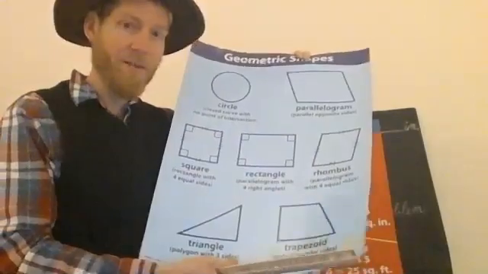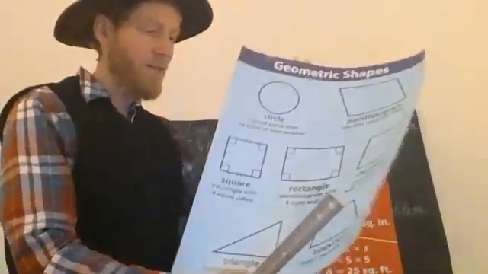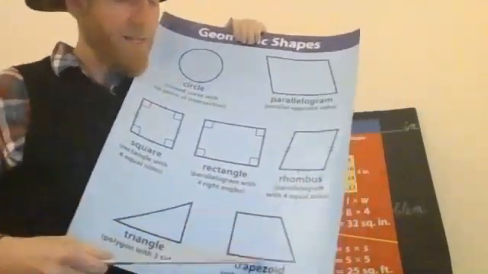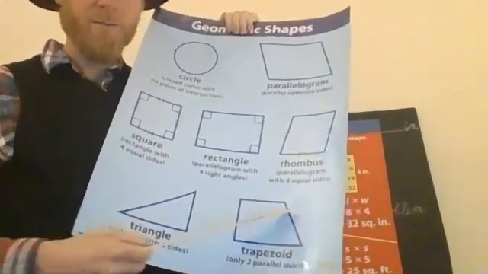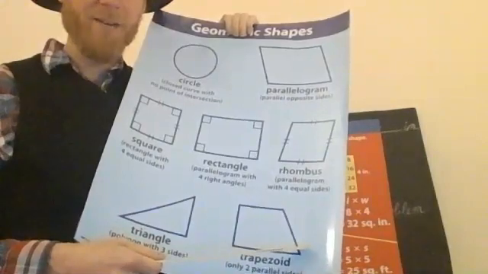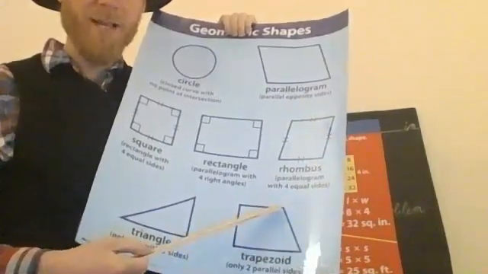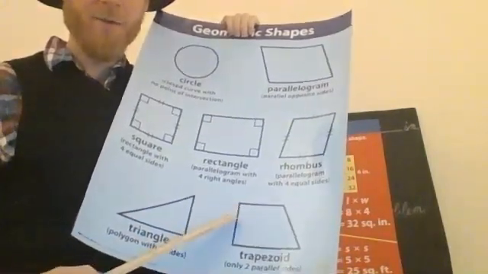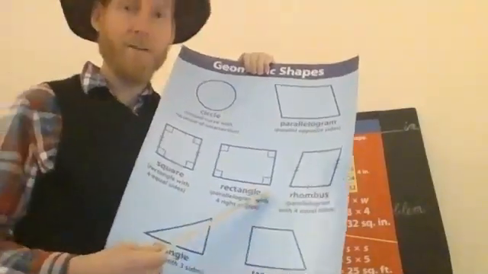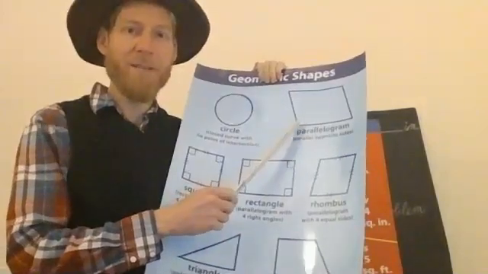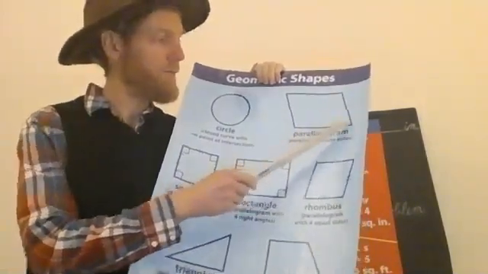Well, what about a trapezoid? Look at this trapezoid. This has a right angle. See that? But this over here is not a right angle. There's a right angle on this side, right? And a parallelogram does not have a right angle.